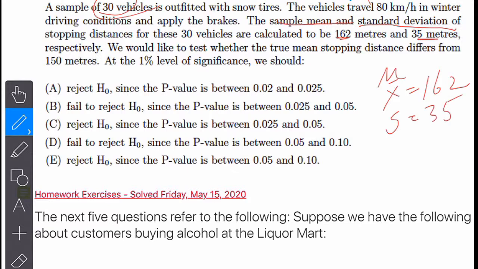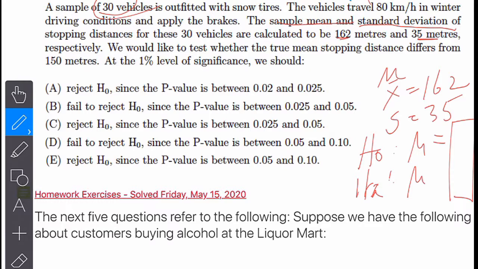All right, so we would like to test whether the true mean stopping distance differs from 150. So our hypothesis is against the alternative. The null is, remember, always, we write mu here, always an equals there, and whatever number I put for the null, I put it in the alternative, and I have to decide what the sign is here.